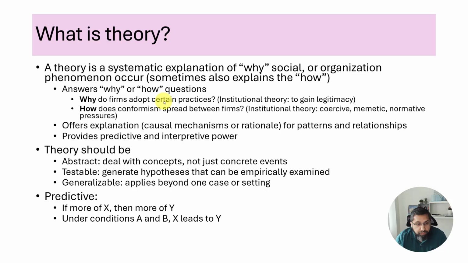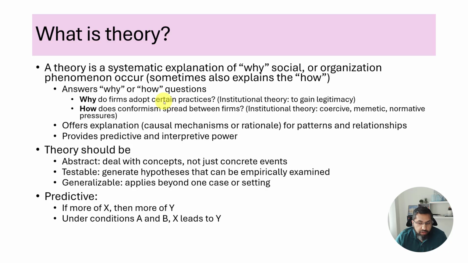A theory should be at the conceptual level, not just concrete events. COVID, for example, lockdowns in COVID led to companies investing in online platforms. Okay, now this is not a theory because it's particular to specific events.